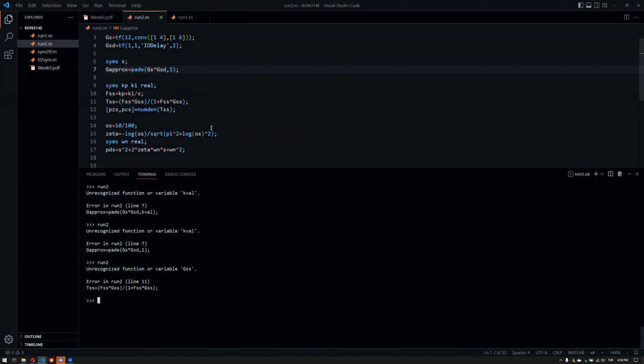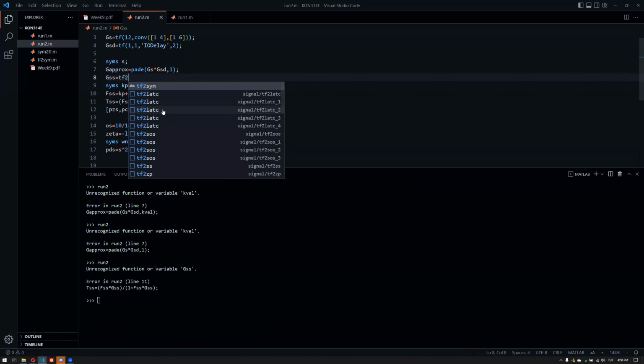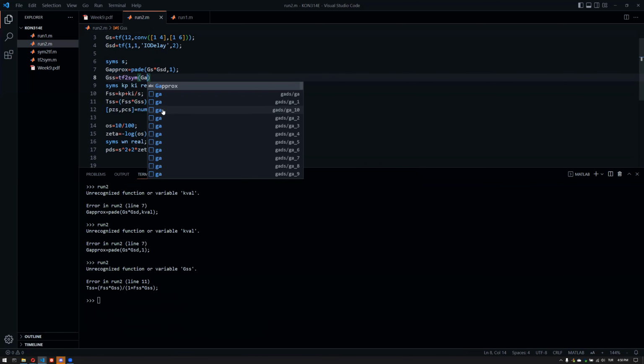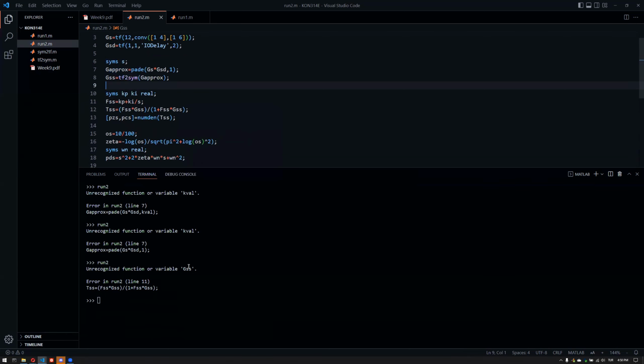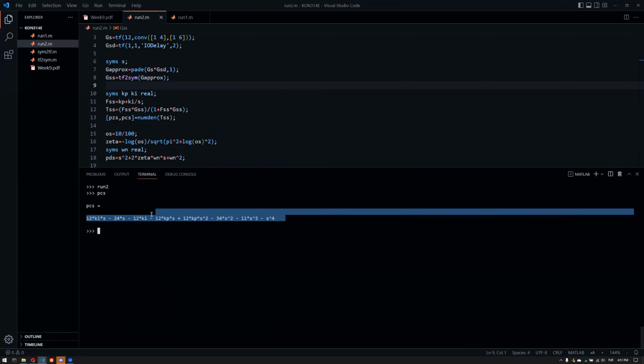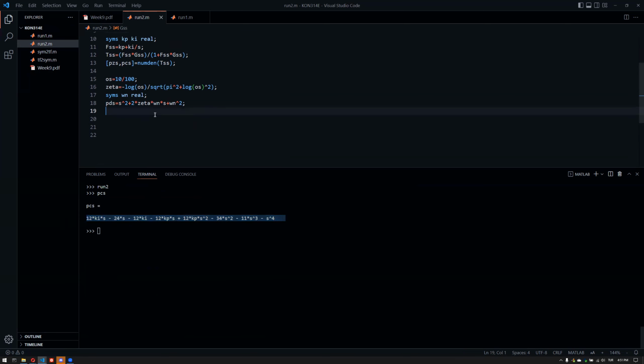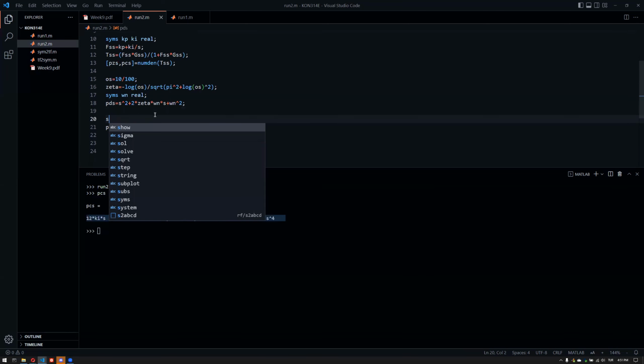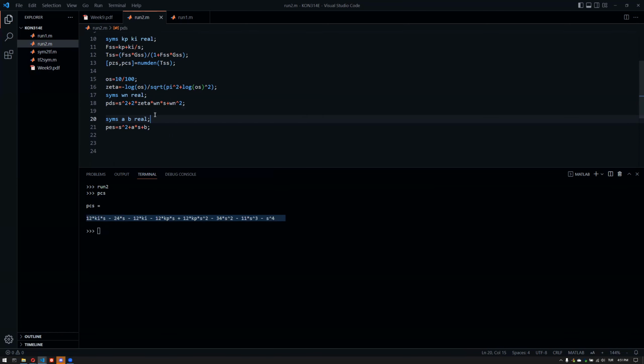G(s) is equal to tf of sym G approx. There we go. So run, and we have TCS. Now it's a 4th order transfer function, which means that we need a 2nd order s squared plus a times s plus b, where syms a and b are real values.